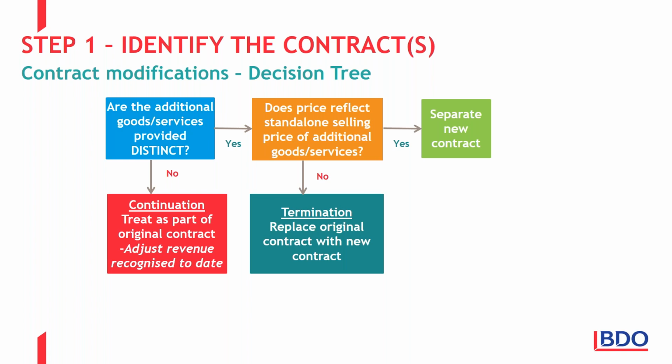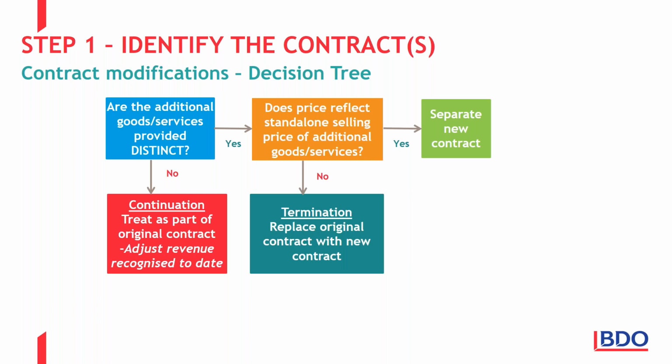And how to determine which of those is applicable? Your first question is, are these additional goods or services that you are going to provide distinct? If you say no, then it's a continuation, and then you have to do a catch-up adjustment. If you say yes, it is distinct, so maybe it's a swimming pool, which is distinct from the house, maybe.